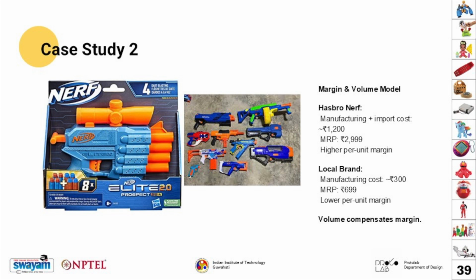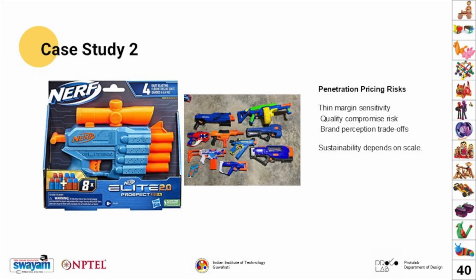If a local manufacturer produces at rupees 300 per unit and sells at rupees 699, the margin per unit is lower, but the production cost is drastically lower. Local brands depend on high volume and rapid turnover. Penetration pricing sacrifices per unit margin to accelerate adoption.